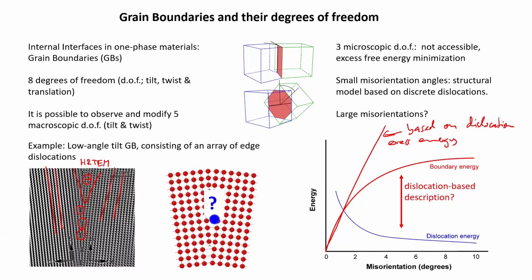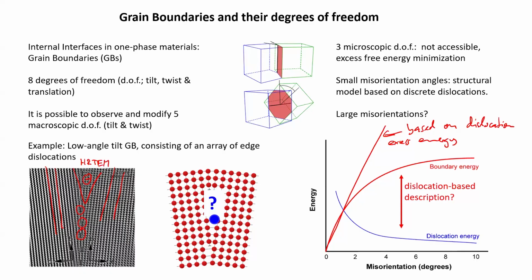These are geometrically necessary dislocations, exactly, yes. The geometrically necessary dislocations are defined as the dislocations that are necessary in order to accommodate a certain macroscopic misorientation or strain.